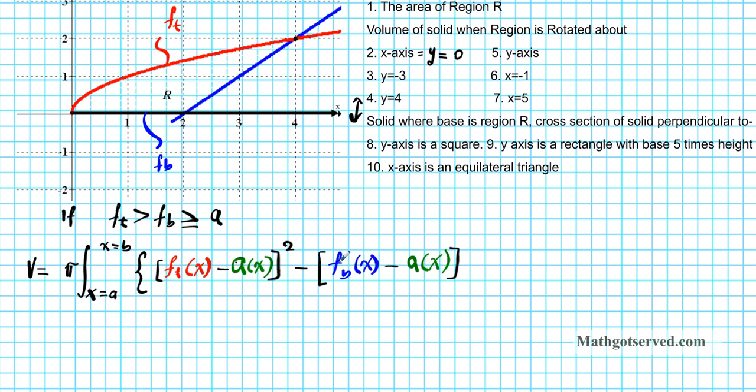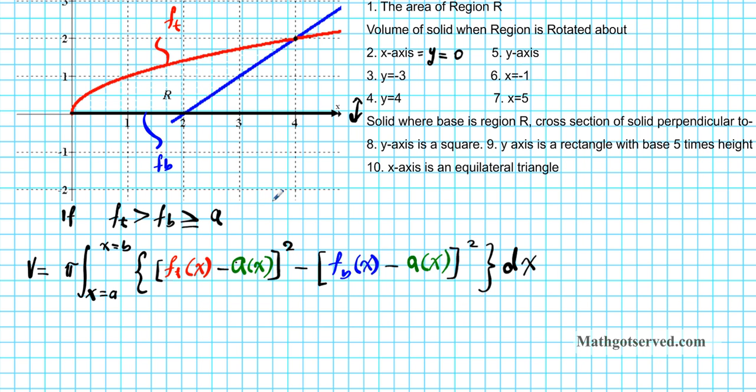So minus the function on the bottom minus the equation of the line for the axis of rotation. We have to square it, right? It's pi r squared, the area of a circle. Let me close my parentheses with a squiggly bracket before I put dx there. So you close that, dx.